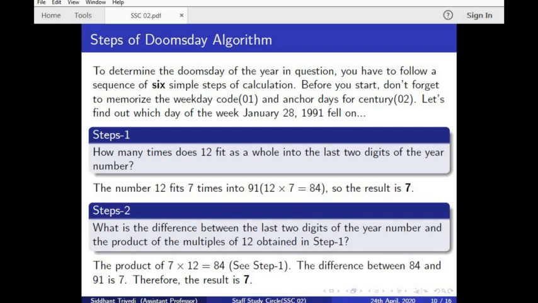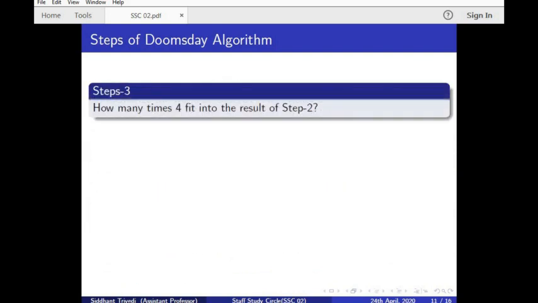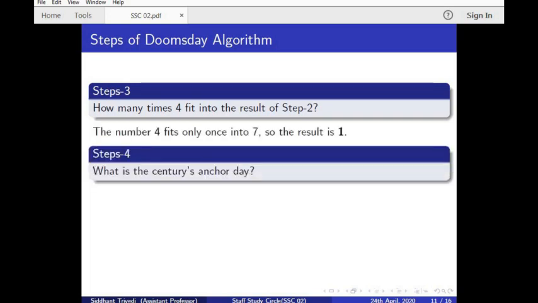Therefore, in this case, the result is also 7. Step 3. How many times does 4 fit into the previous result, that is step number 2? So 4 fits only one time in 7. Therefore, the result is 1.